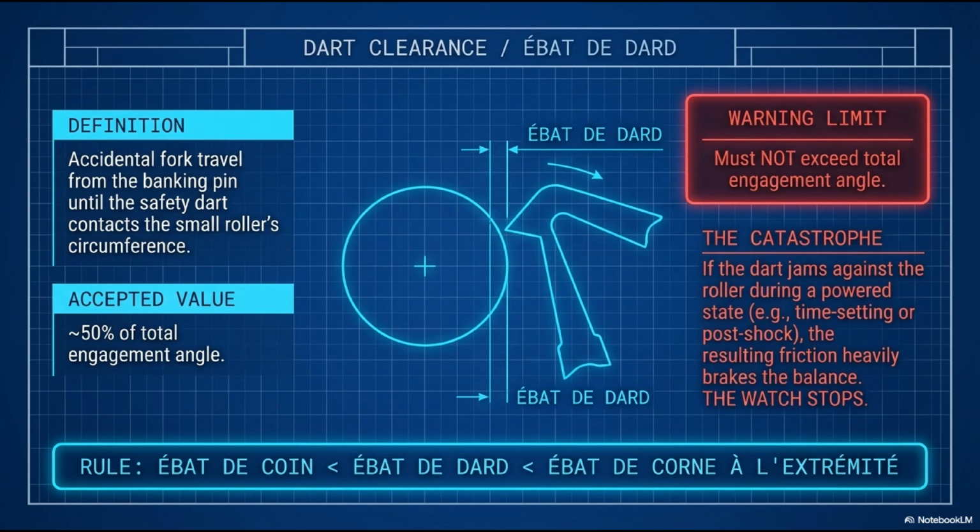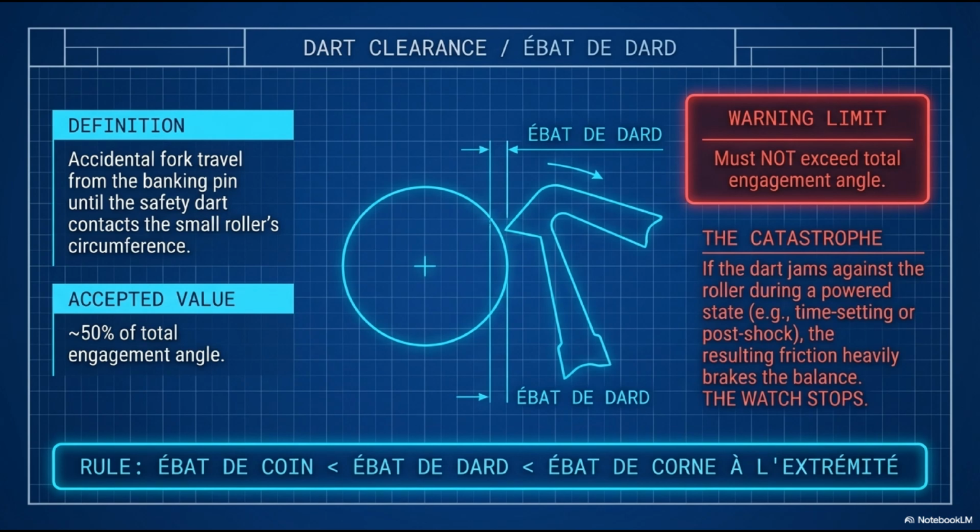Let's understand the logic. If dart clearance were less than corner clearance, the horn corner would engage the impulse pin before the dart could activate. The dart's protective function would be bypassed. We want the dart to intervene first, stopping the fork before the horn corner becomes relevant. So dart clearance must be greater than corner clearance.